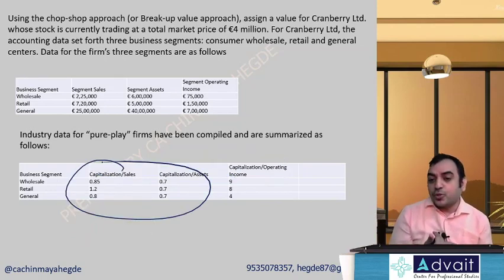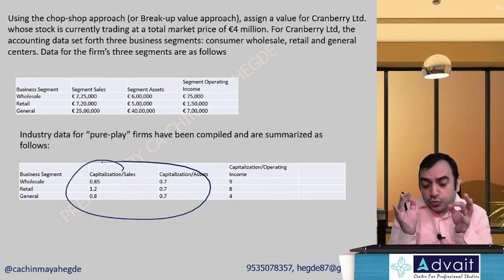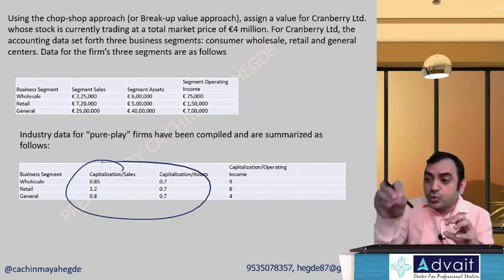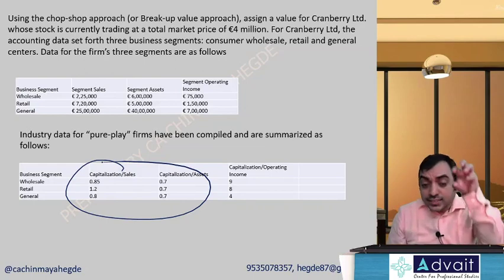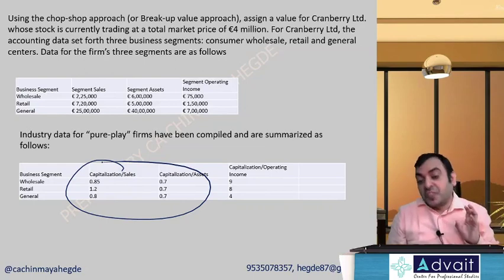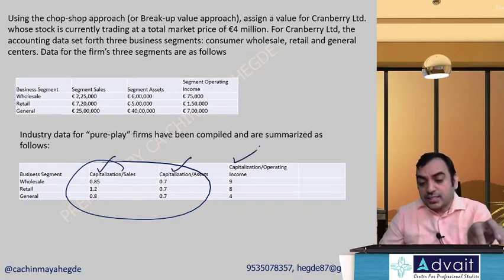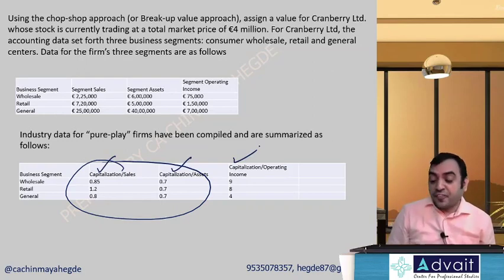For us, what we require is a ratio which is like price to earnings ratio, price to sales ratio. In the sense, the price should come first. Like in this case, capitalization is coming first, which is completely fine.